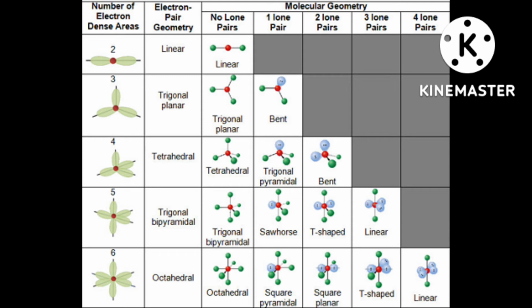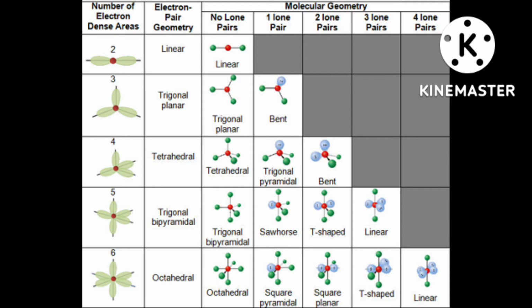AB2 means total 3 atoms, A and 2B, and 1 lone pair of electrons. But if 2 lone pairs are there on B, it is possible, one pair or two pairs, then you write E2. Understood?